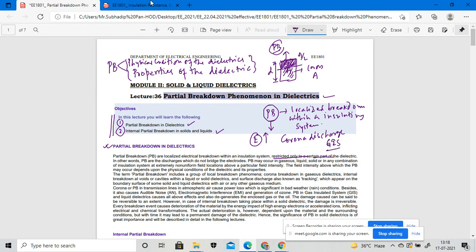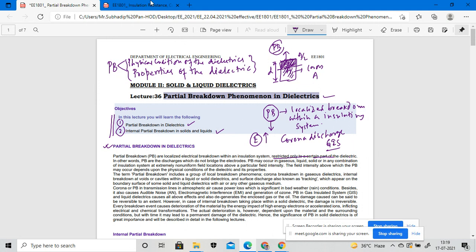The partial breakdown in a gas insulated system and in liquid dielectrics causes the above effects and also degenerates the enclosures of the gases or oils. The damage can be said to be reversible to some extent. However, in the case of an internal breakdown within a solid dielectric, the damage is irreversible.